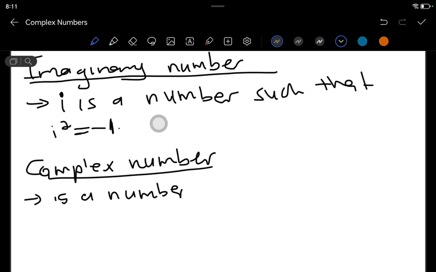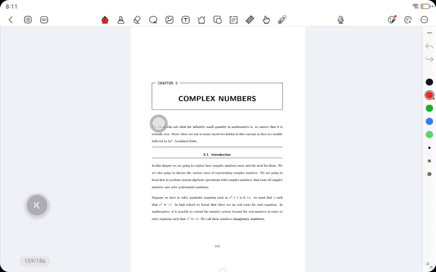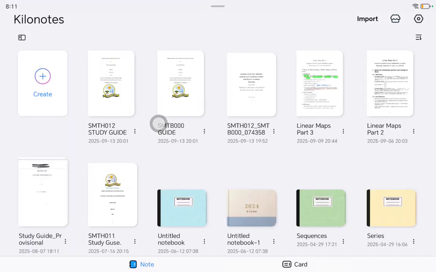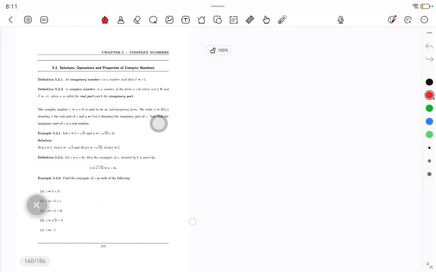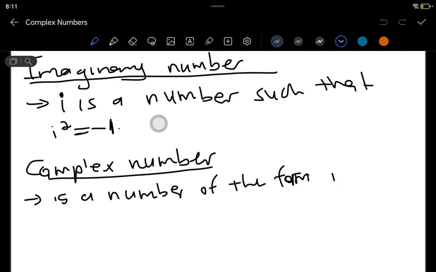It's a number of the form a plus bi, where now we're going to define the things which I said we were going to define: things like what is a, what is b, and what is i.